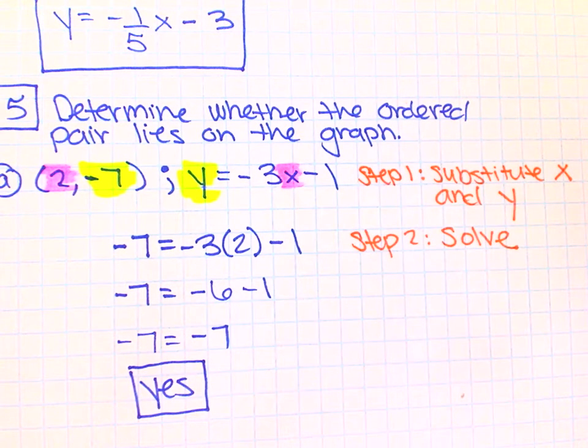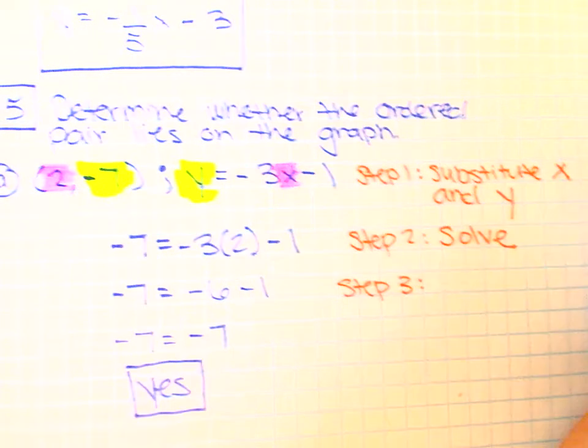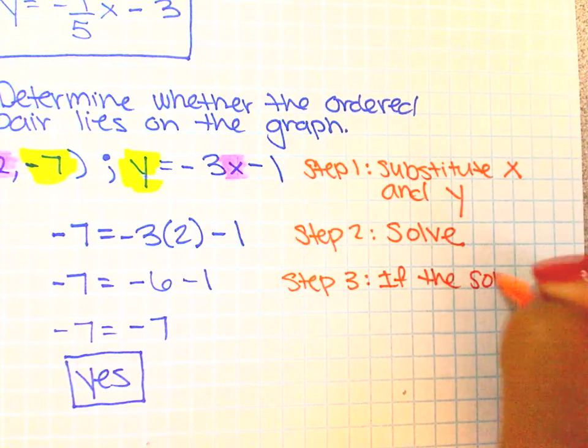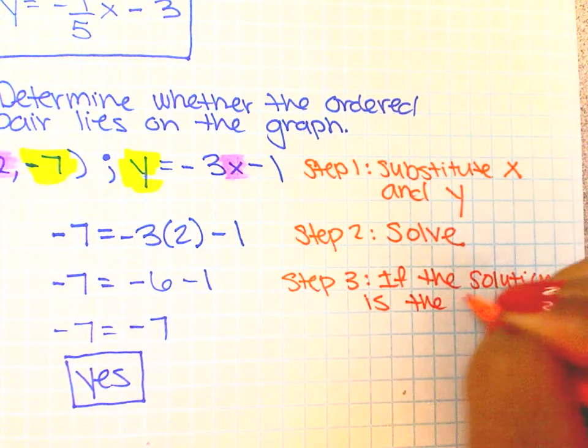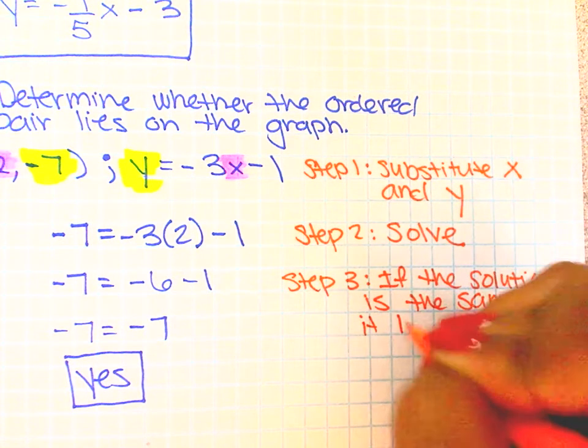If you plug in x and y into the equation and those numbers equal each other, yes, it's on the graph. If the numbers are not the same, it's not on the graph. Yes or no answer. Super, super simple. So please write down step 3, which is going to be our note to ourselves. If the solution to the problem is the same, comma, it lies on the graph.